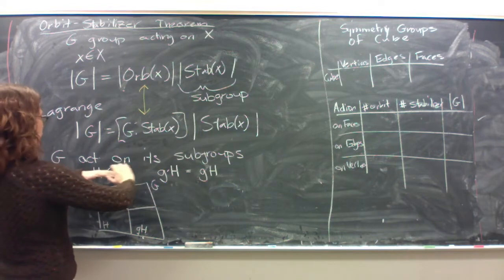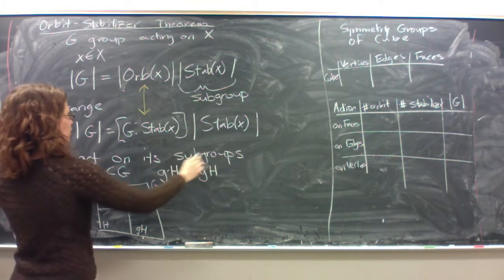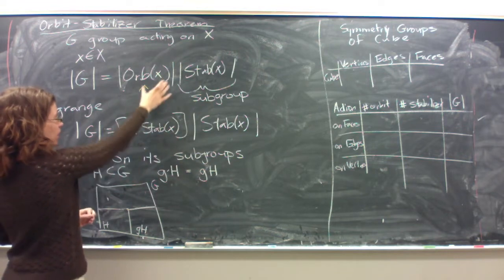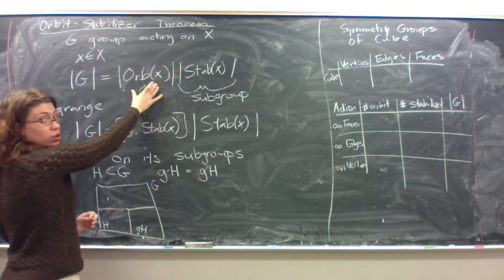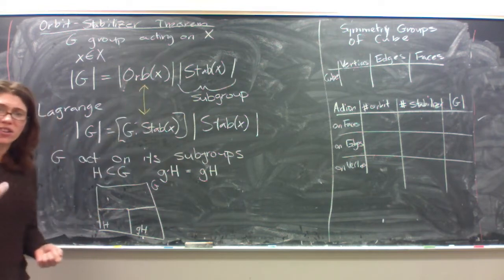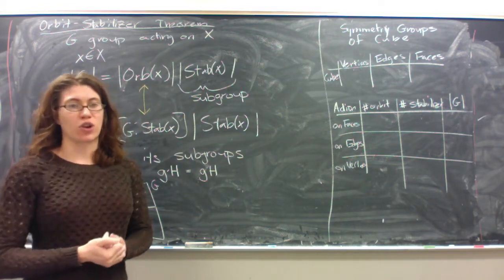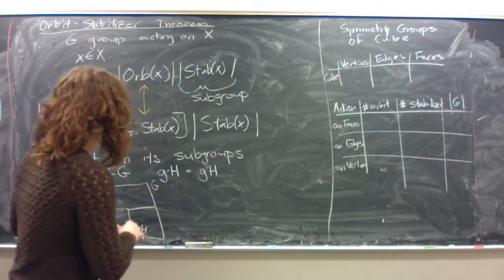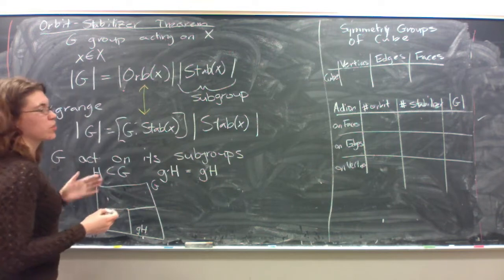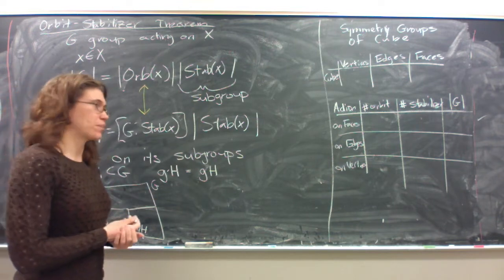But if I think of G acting on its subgroups, the orbit of the stabilizer is exactly going to be this. There's more to prove, and it's outlined on your homework, but I wanted to give this intuition as to why these two theorems essentially say the same thing.